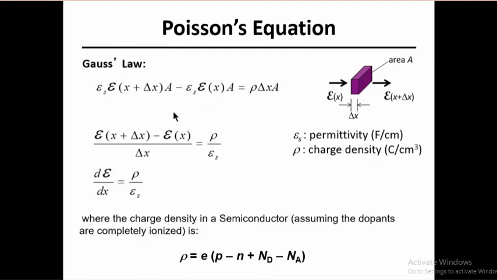And here, I want to present the Poisson equation, because we will need it for the electric field in the PN diode.